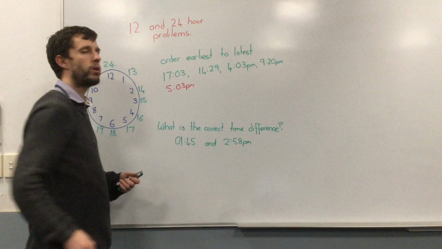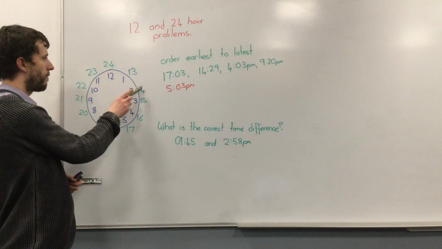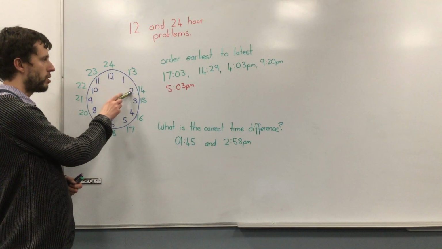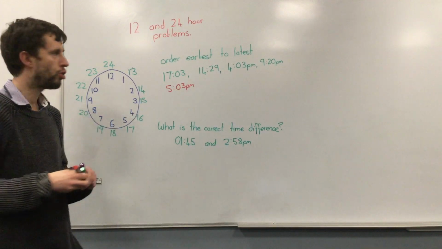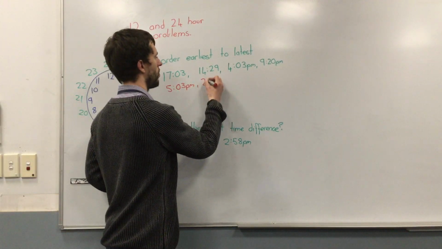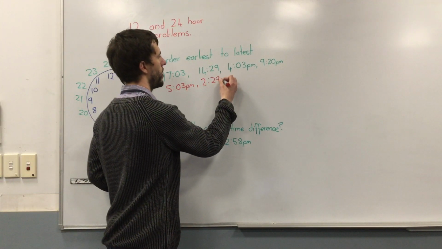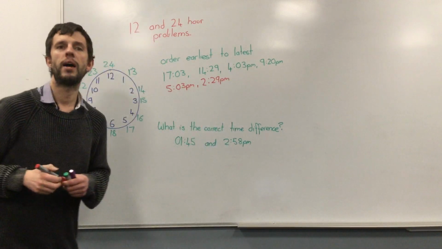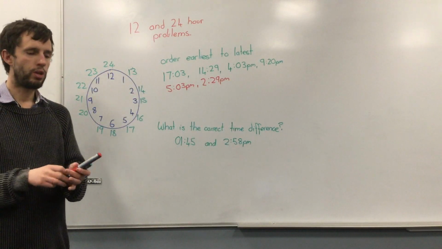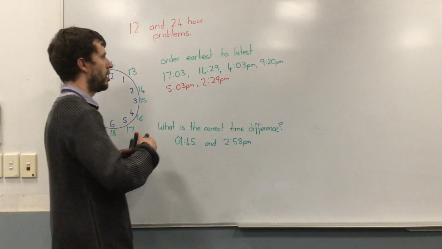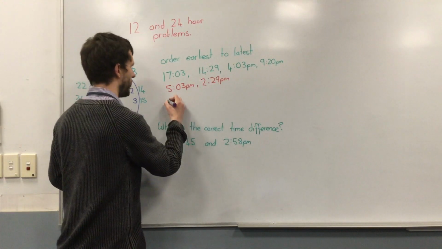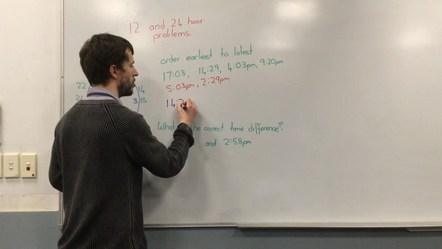If I look at 14:29, 14 is 12 plus 2 equals 14, so it's 2:29 PM. Now I've converted it, I am able to write them in order. The earliest is 14:29.